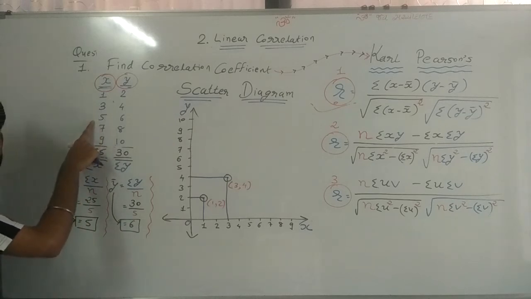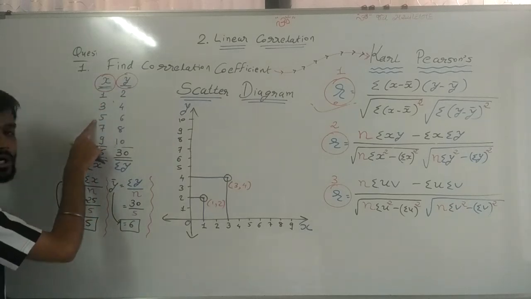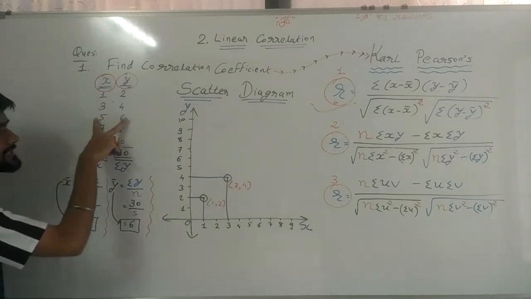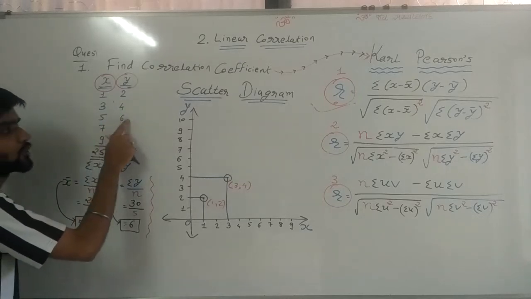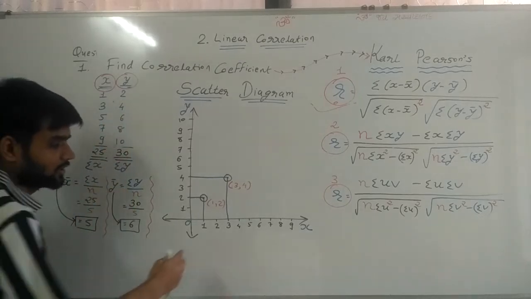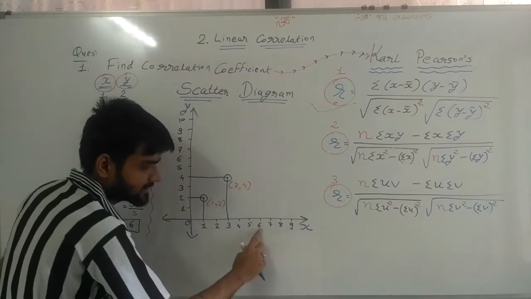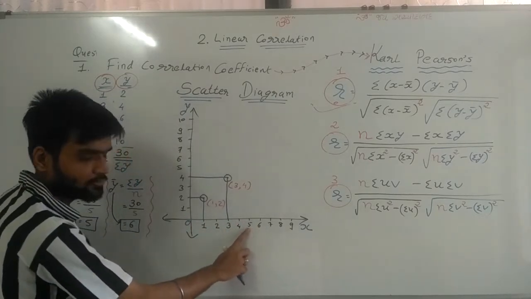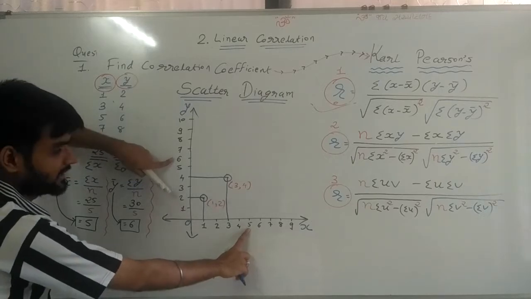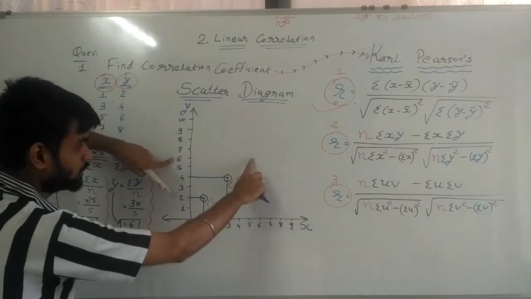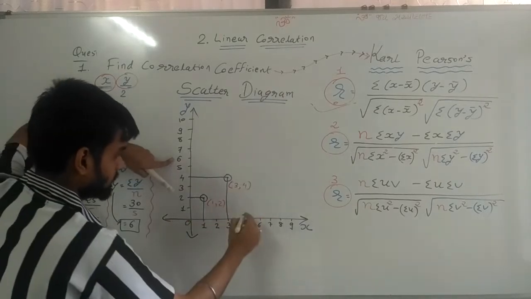For the third, the variable values 5 and 6 are given. So on the x-axis 5, on the y-axis 6. So again here x-axis 5 and y-axis 6, and both are together at this point.